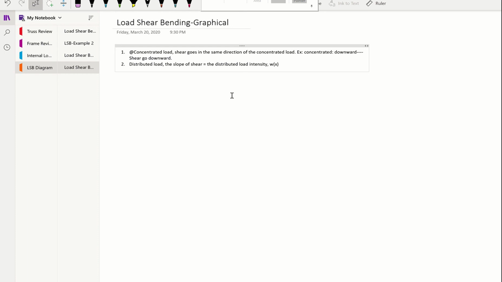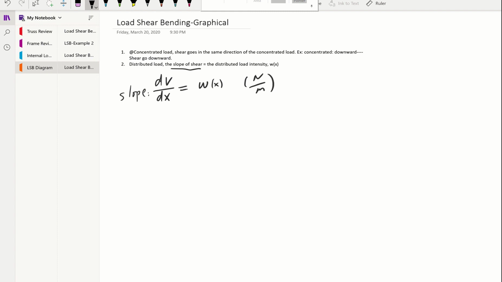Because slope means derivative, we can write the slope of the shear as dV over dx. That's equal to this load intensity omega, which has a unit of Newton per meter, for example. All right, so move on to the third rule.